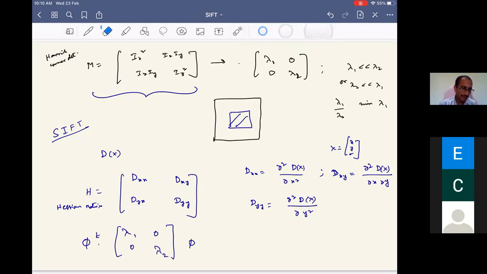If we decompose this Hessian matrix into the eigenvalues, then for an edge, one eigenvalue will be much different from the other. That means one will be smaller or one will be larger than the other eigenvalue.